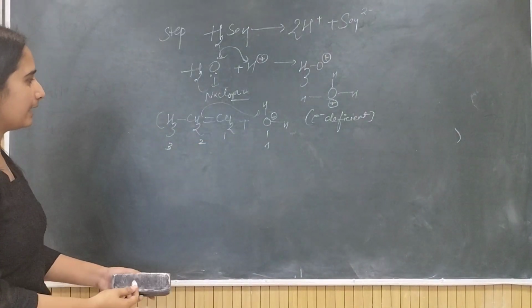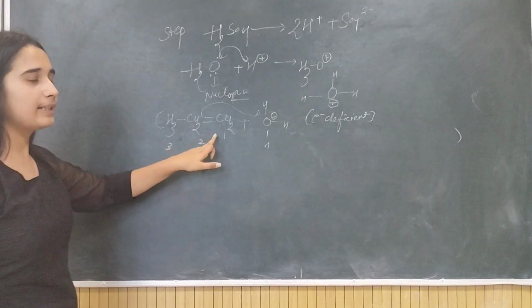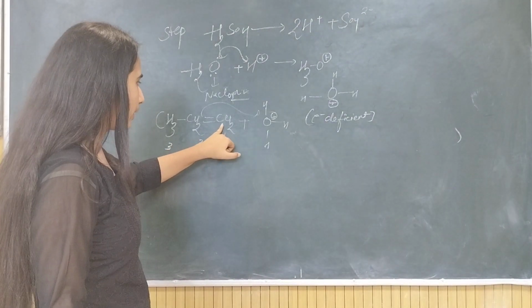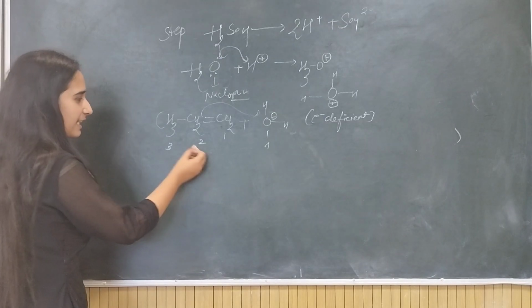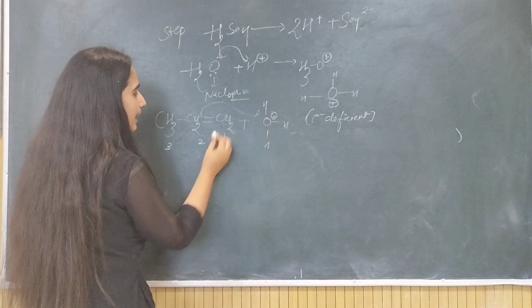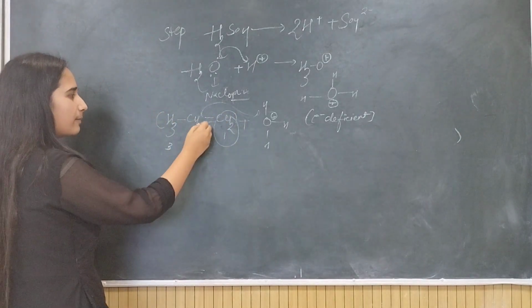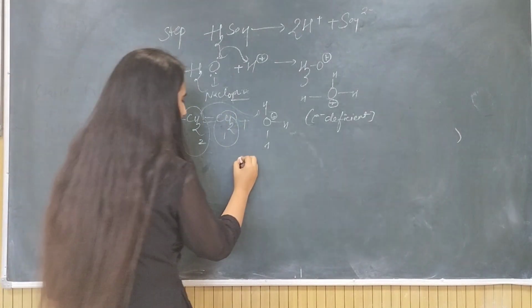We number the alkene. We know that it is the main chain and the alkene is our priority. So it is first, second and third. Now there is a possibility that the carbocation forms from the first carbon or maybe from the second carbon.